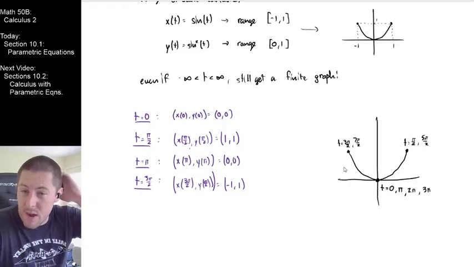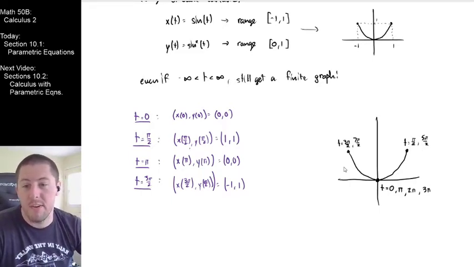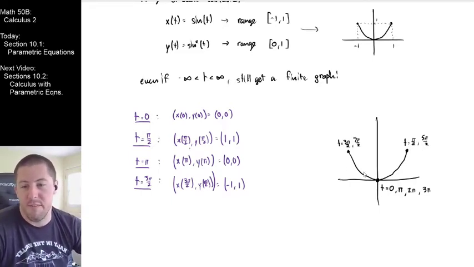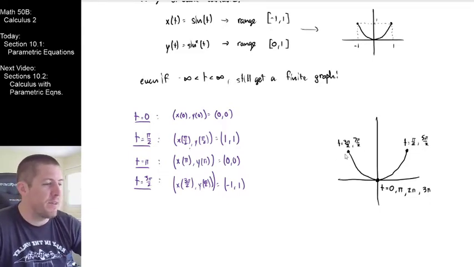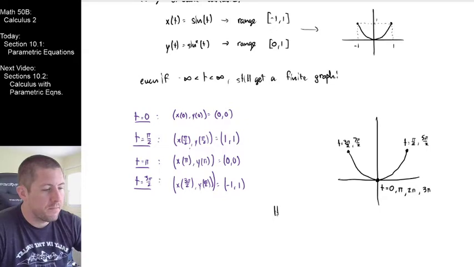So the problem is that we spend just as much time going in one direction as we do going in the other direction at every point on this curve. And so it's maybe a little bit less sensible for me to draw arrows here.